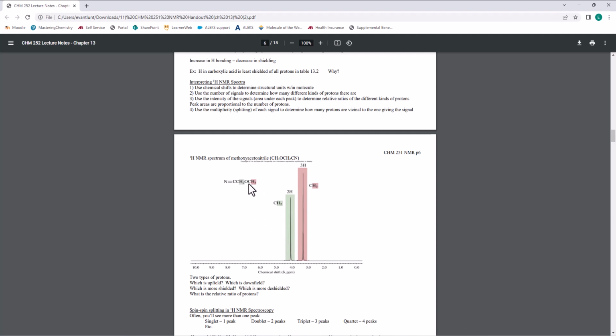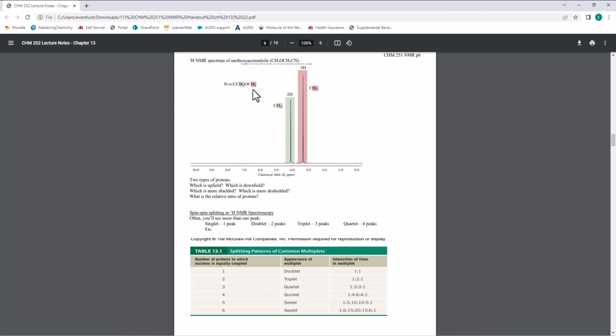Our terminal CH3 is near an oxygen, so it is downshifted from what would be expected to be around 1.5, to about 3.3. And our integration of 3H tells us there are 3 protons experiencing this same chemical environment, which indicates a CH3.